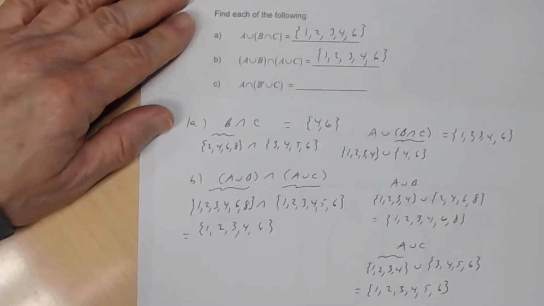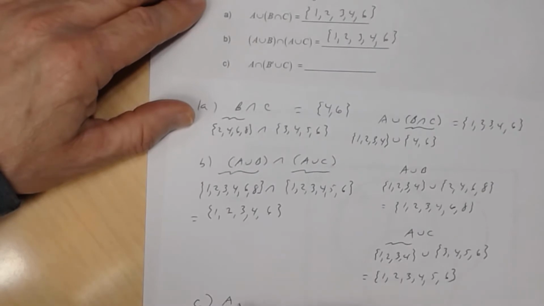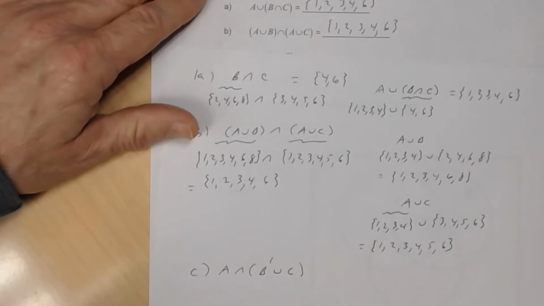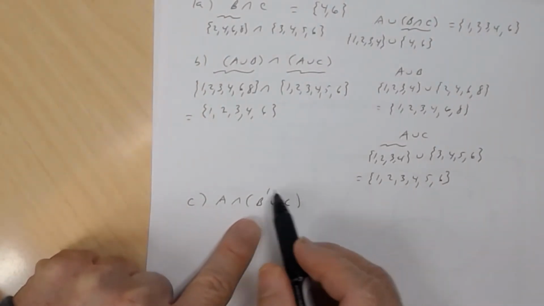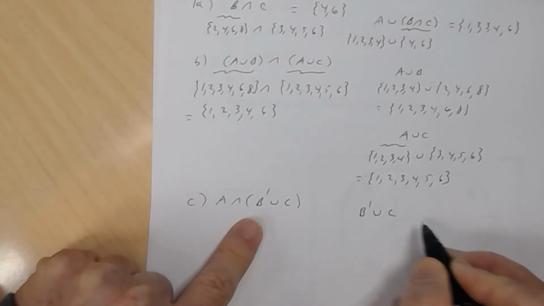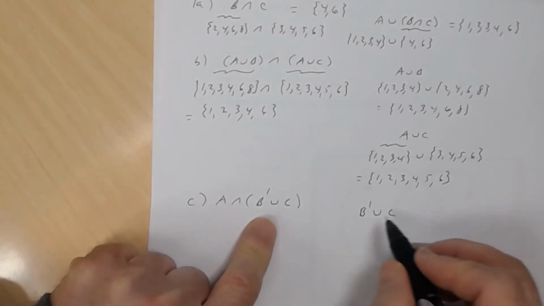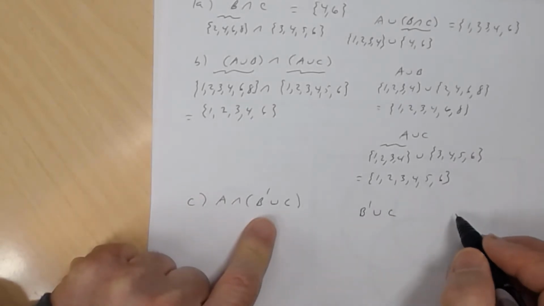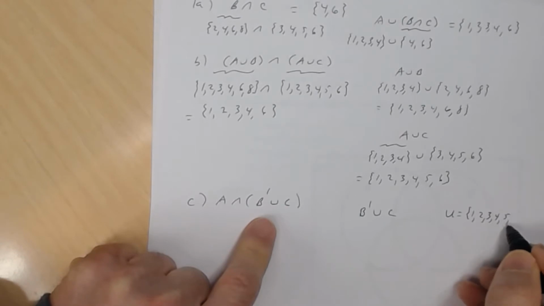Okay, C. So C, you want to find A intersect B complement union C. So again, we're going to do what's inside the parentheses first. So I need to find what B complement union C is. Before I can find B complement, I need to look at what B is. So first of all, remember the universal set is 1, 2, 3, all the way to 10, right?